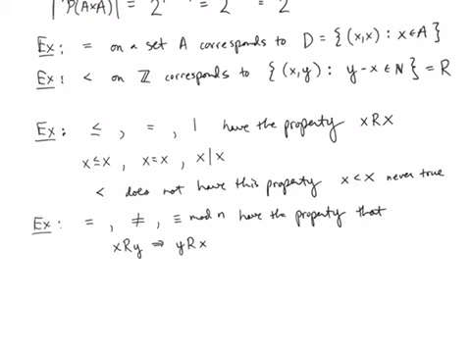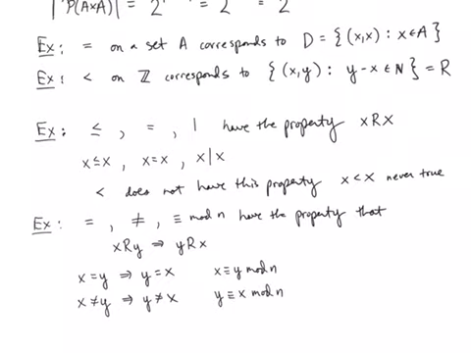Okay, so x equal to y implies that y is equal to x. If x is not equal to y, that implies that y is not equal to x. And if x is equivalent to y mod n, then y is equivalent to x mod n. And this is because if x minus y is divisible by n, that's n times k, then y minus x is n times negative k. So that's still divisible by n.